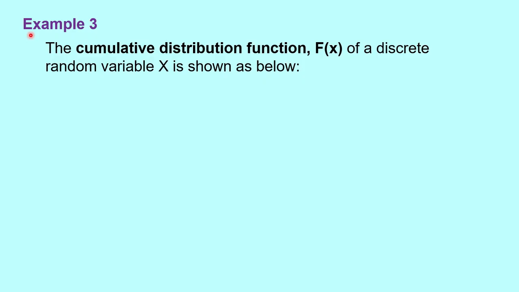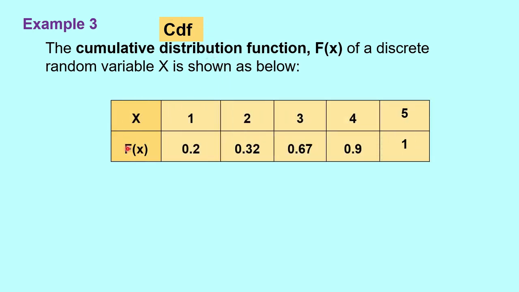The cumulative distribution function capital F of a discrete random variable x is shown as below. So the cumulative distribution function is capital F, or I will call it CDF. The table here gives the values of x. The CDF for x equals 1 is 0.2.